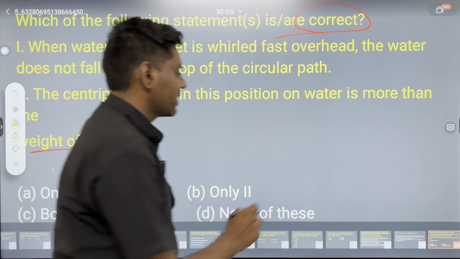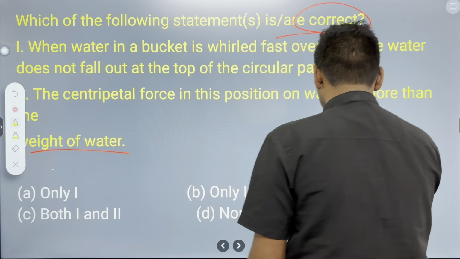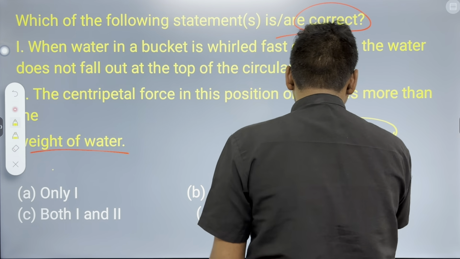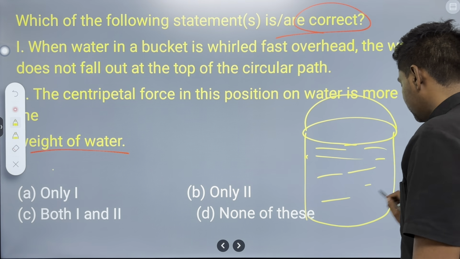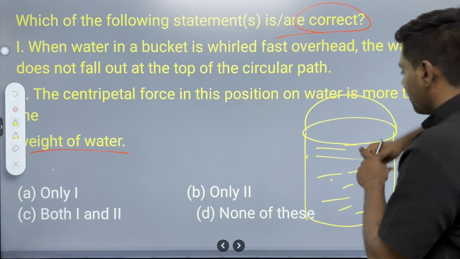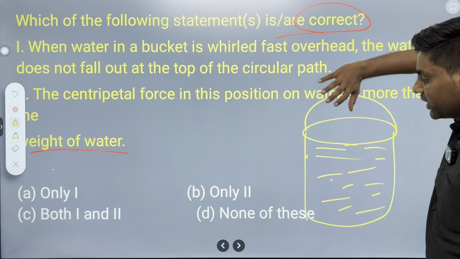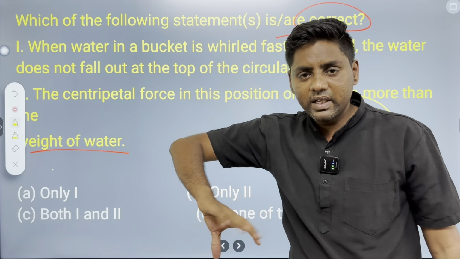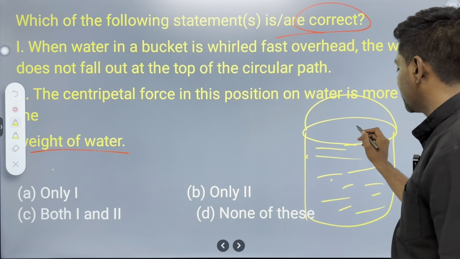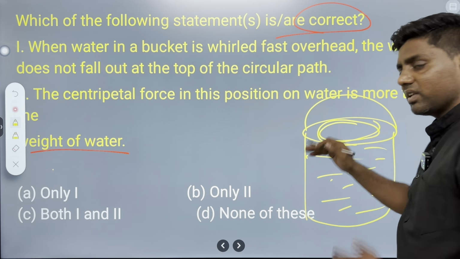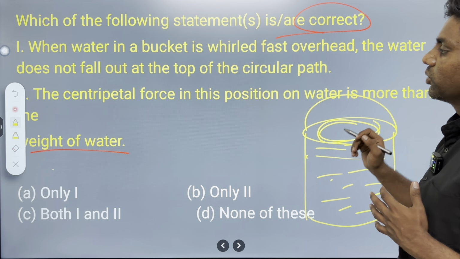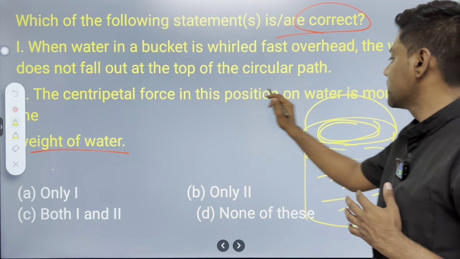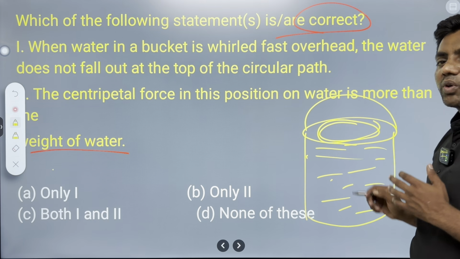What is given in that example? We take a bucket. In this bucket, there is water, and we rotate that bucket continuously. Whenever we rotate that bucket continuously, what is the observation? The water performs circular motion, and whenever it performs circular motion, the centripetal force on the water is more than its weight.